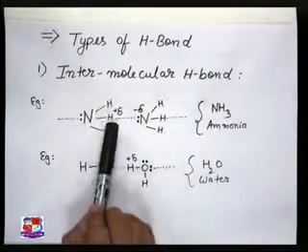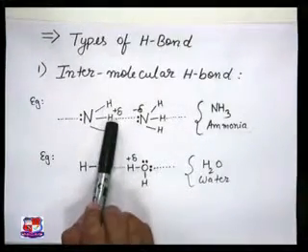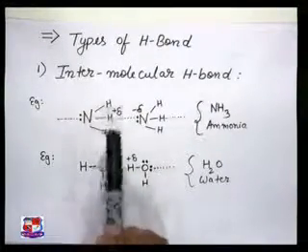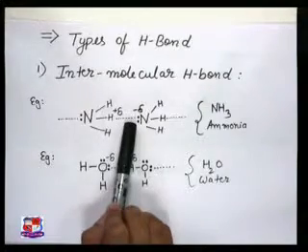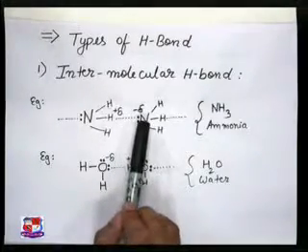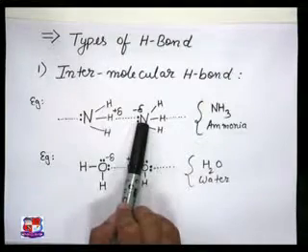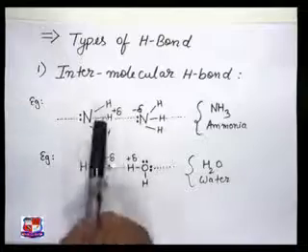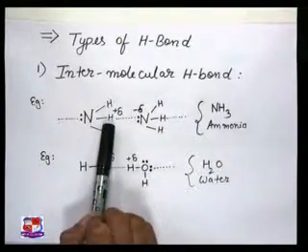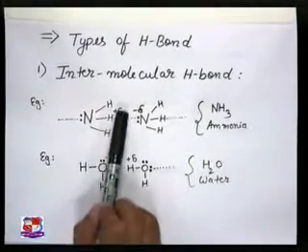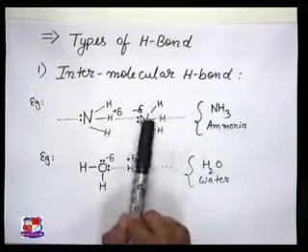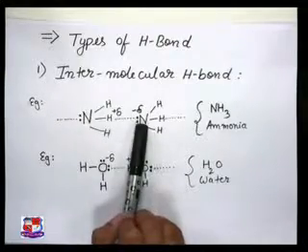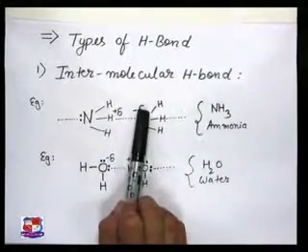What happens is that the electropositive hydrogen of one ammonia molecule forms a hydrogen bond with the electronegative atom of another ammonia molecule. Hydrogen of the ammonia molecule is electropositive, so it carries a plus delta charge, and nitrogen of another ammonia molecule is negative, so it carries a minus delta charge.